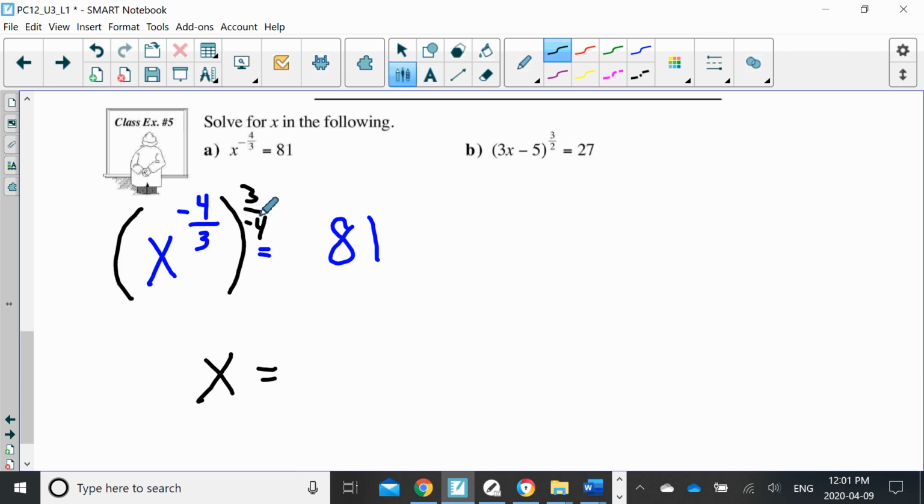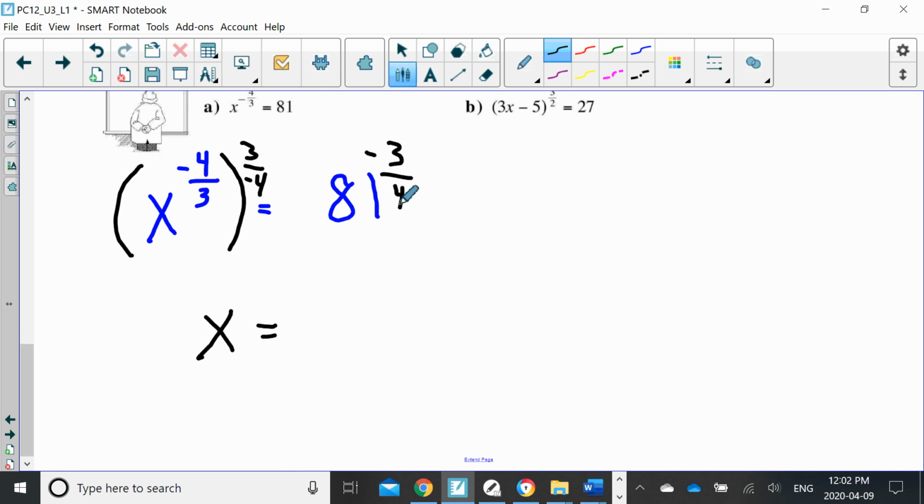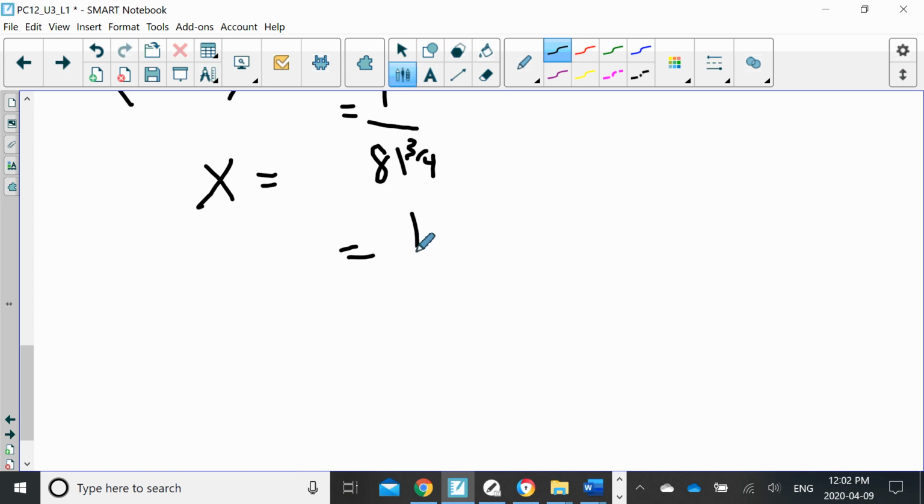If I raise the left-hand side to the power of 3 over negative 4, I have to do the same thing here, so 81 to the power of 3 over negative 4. Let's rewrite this as a positive exponent. That would be 1 over 81 to the power of 3 over 4, which is equal to 1 over the 4th root of 81 to the power of 3.